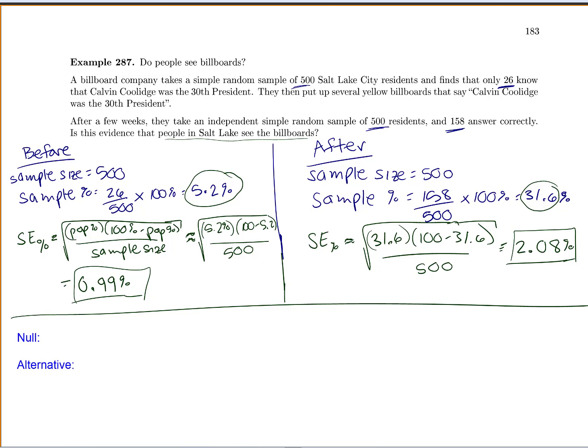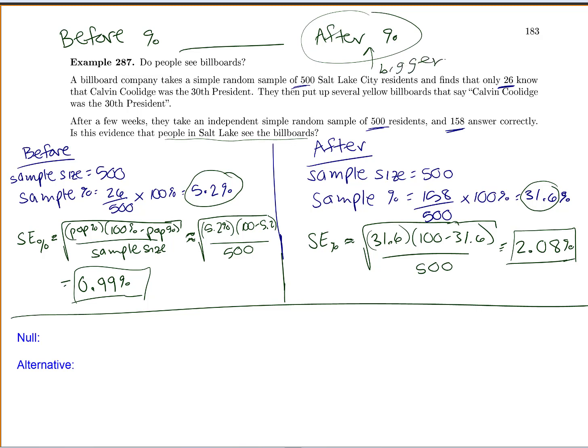So I wrote before first up here, so I want to make sure I keep before. So before percent should be what compared to the after percent. So if people in Salt Lake see the billboards, the percentage afterwards should be bigger. But I wrote before first, so I'm going to write the smaller percent, the before percent should be smaller than the after percentage.